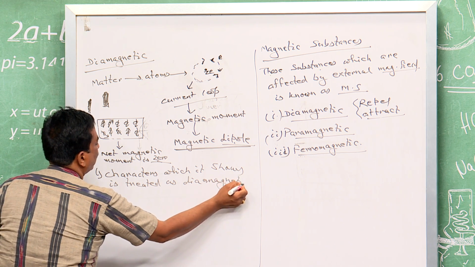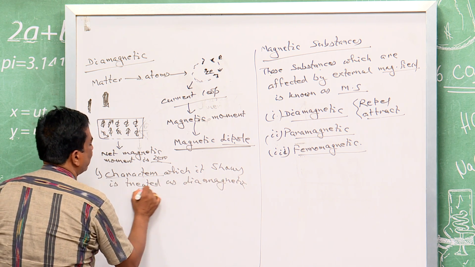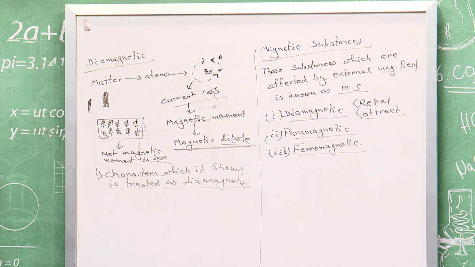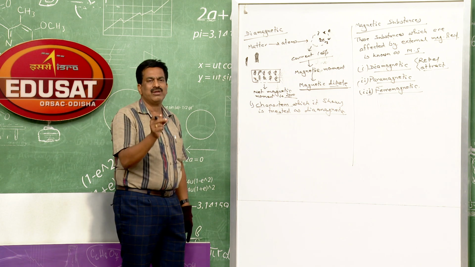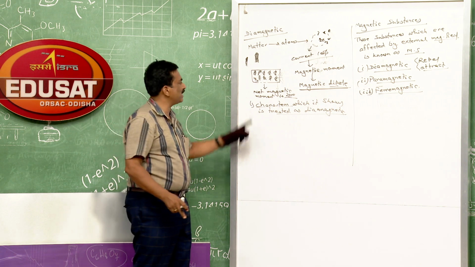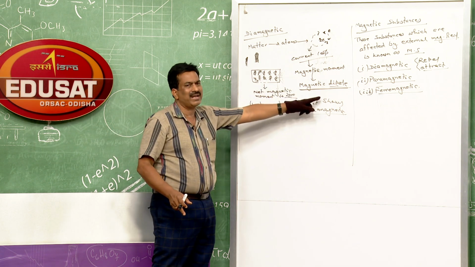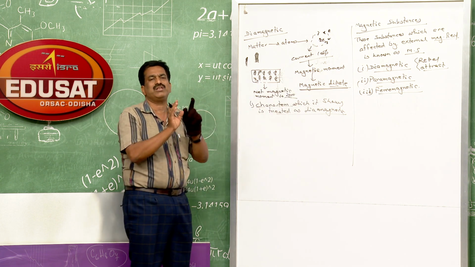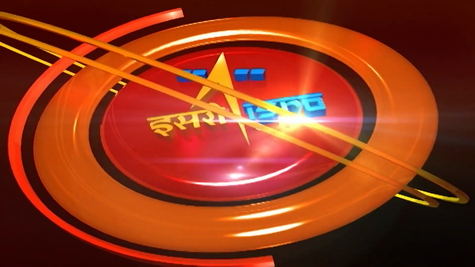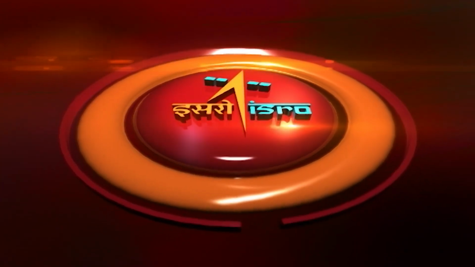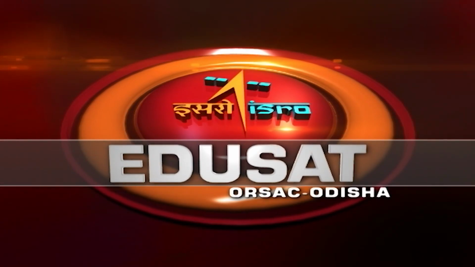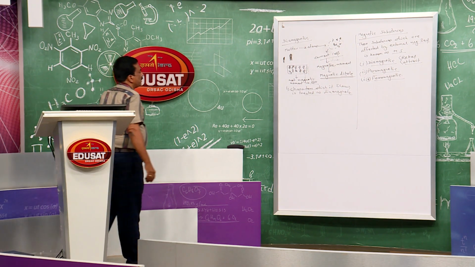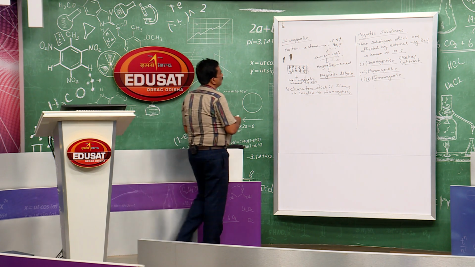The phenomenon in which such characters are developed in a substance is known as diamagnetism. Means in a diamagnetic substance, the resultant magnetic dipole moment is 0.